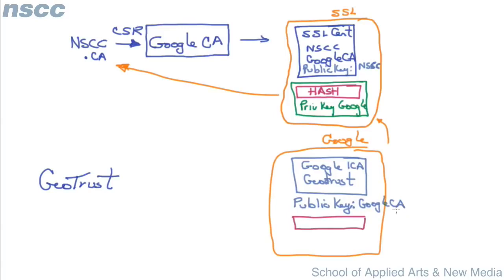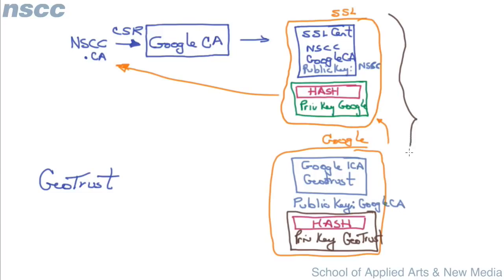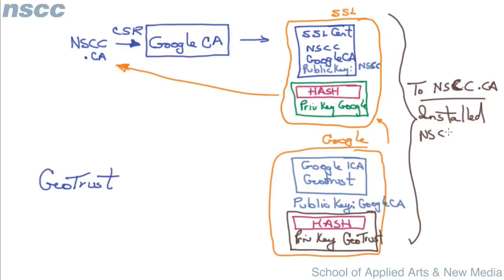So we have all this information here. We're going to make a hash or a checksum of it, and this is all going to be digitally signed. So Google's intermediate certificate is all going to be digitally signed by the private key of GeoTrust. And these two certificates are sent to nscc.ca, and they're installed in the NSCC web server.